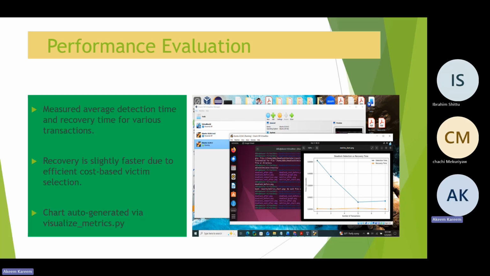The result shows that recovery is slightly faster, and this is achieved with the help of our cost-based victim selection algorithm, which minimizes overhead when resolving deadlocks. These charts are automatically generated by the visualize_metrics.py script, and saved as metrics_chart.png in the results folder.